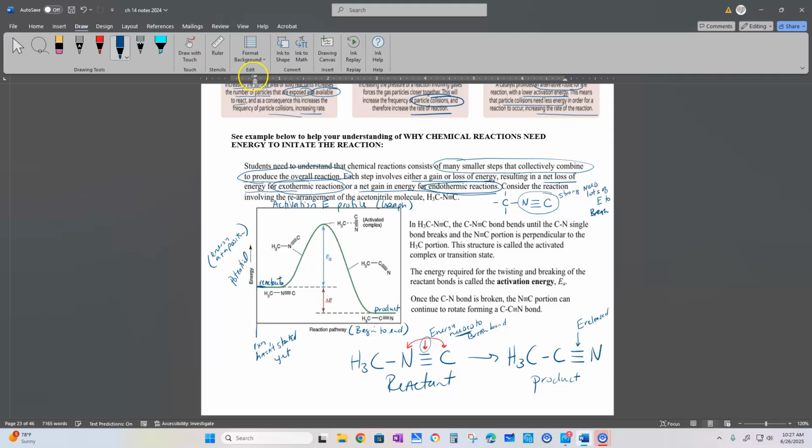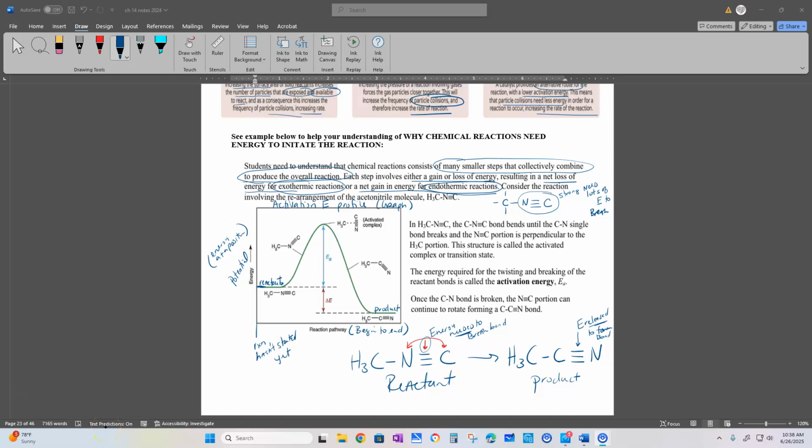So we need energy to break, and energy is released to form that bond. In the beginning, all we have is a reactant. Then the reaction starts to proceed through a pathway. Right here at the origin, the reaction has started, and as you see, energy has not changed.